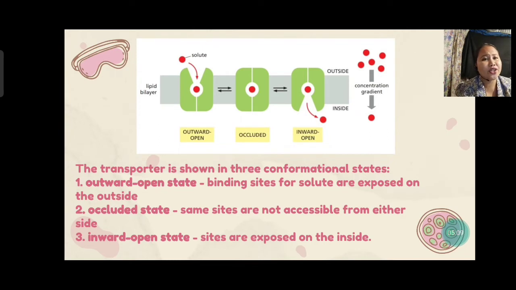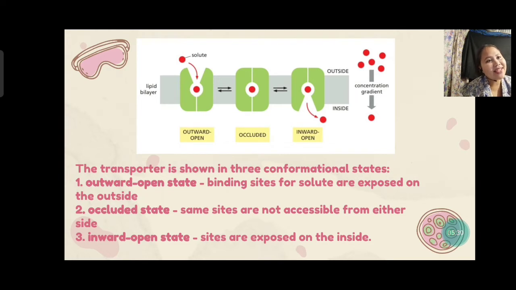Another is that the transporter is shown in three conformational states. The three conformational states are the outward open, the occluded, and the inward open. For the outward open state, the binding sites for solutes are exposed on the outside.